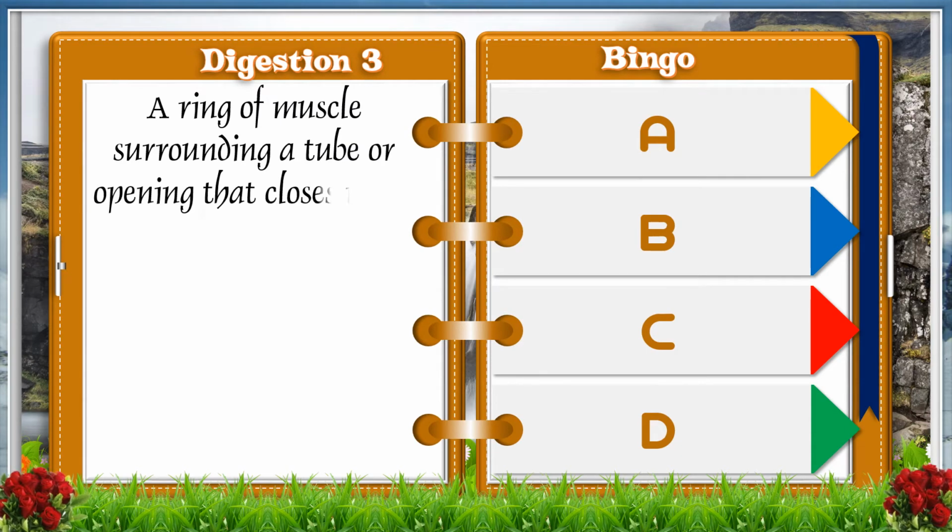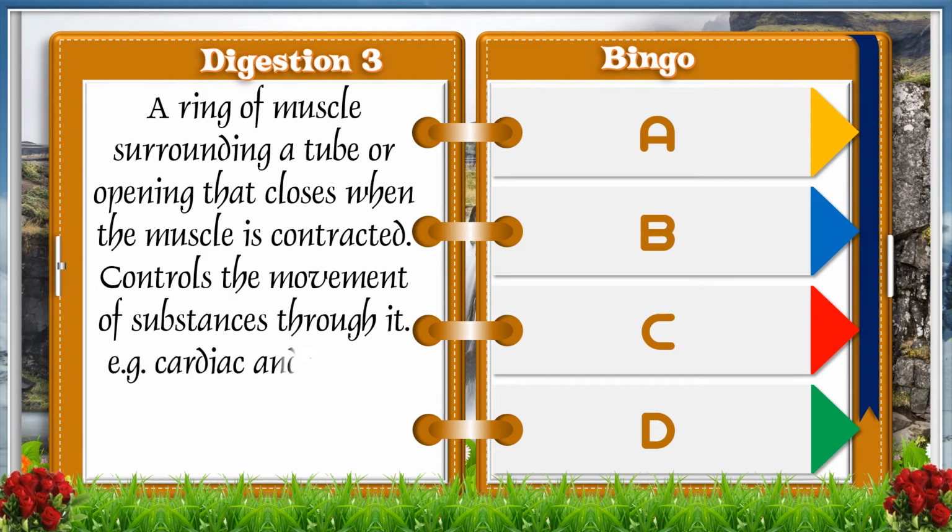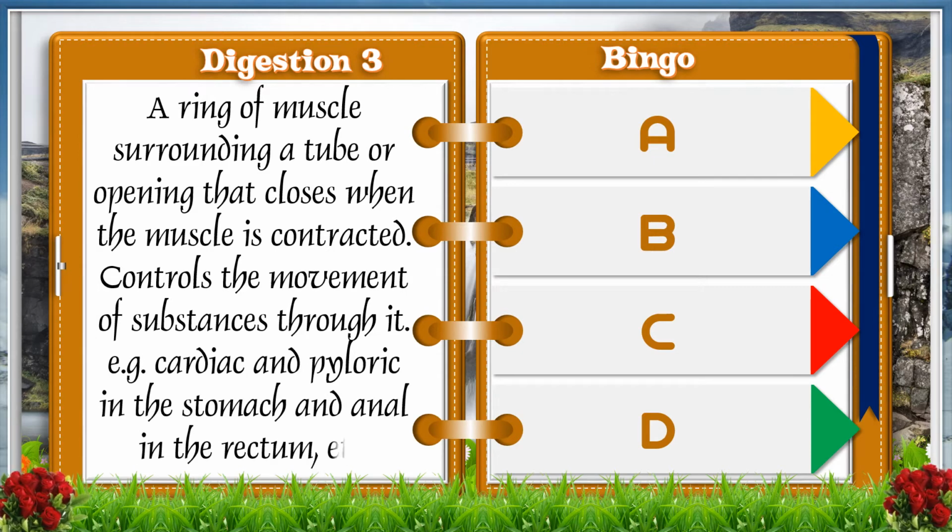A ring of muscle surrounding a tube or opening that closes when the muscle is contracted, controls the movement of substances through it. For example, cardiac and pyloric in the stomach and anal in the rectum.